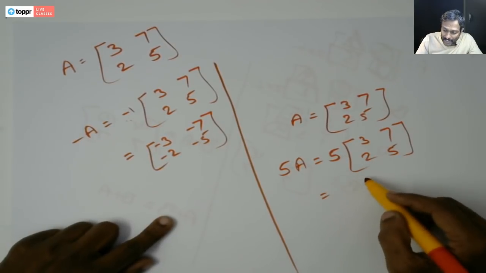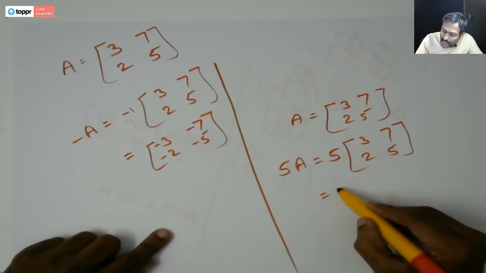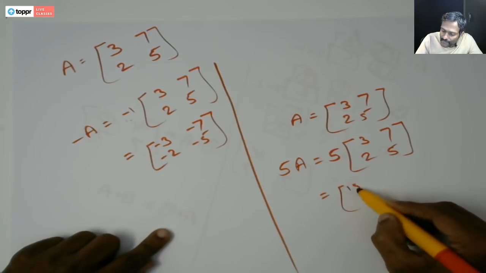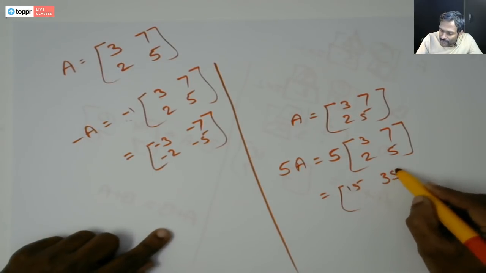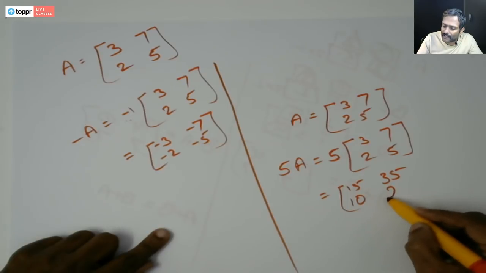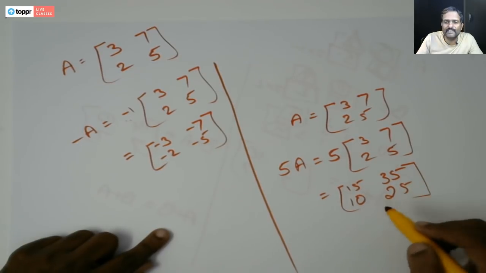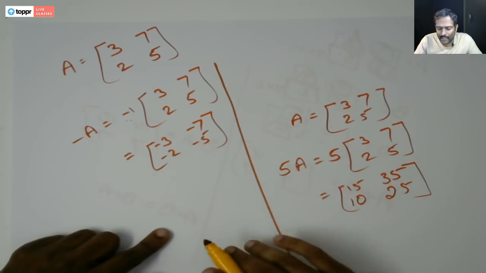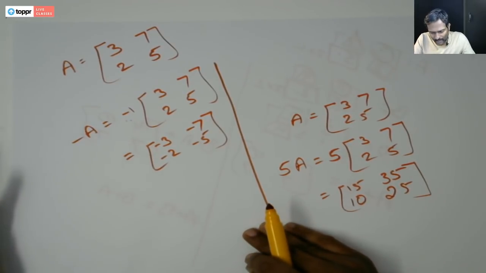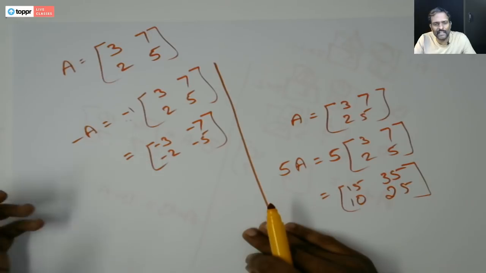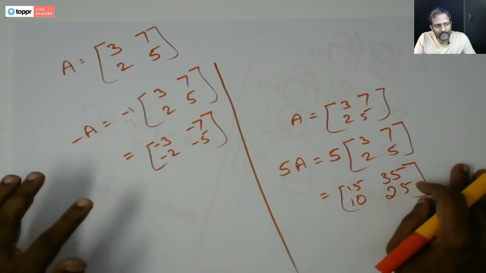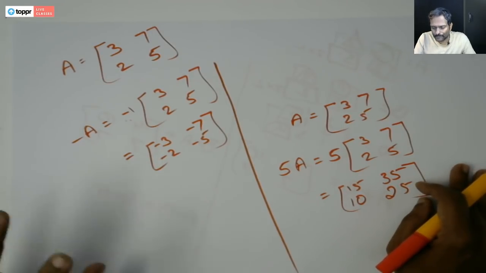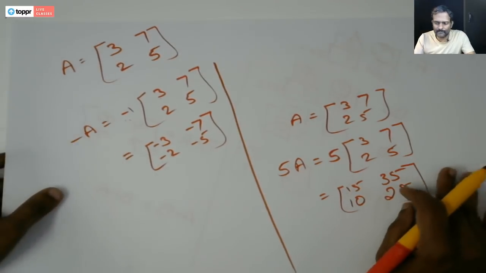So when I multiply, 5 times 3 is 15, 35, 10 and 25. This is the scalar multiple of a matrix. Scalar multiple is nothing but you take a real number and you multiply each and every element of the matrix with that particular number, right?